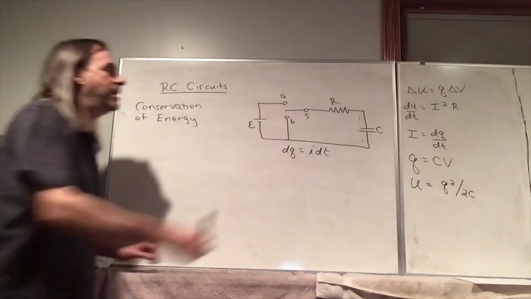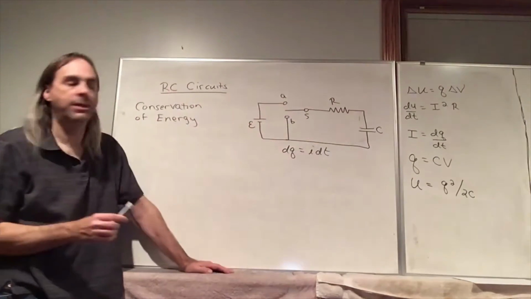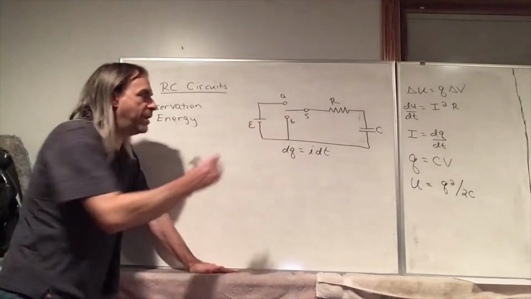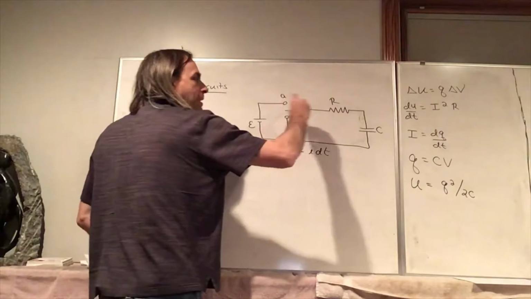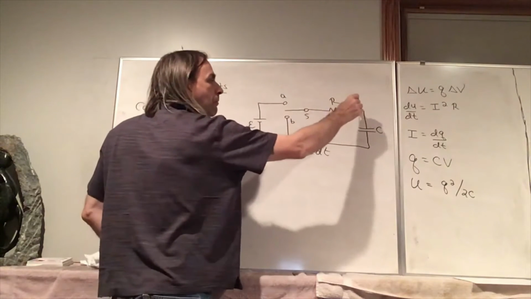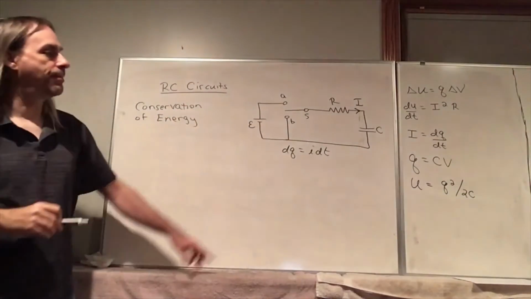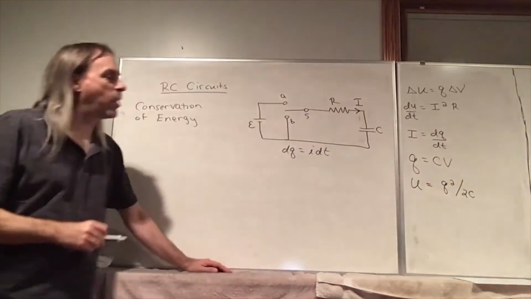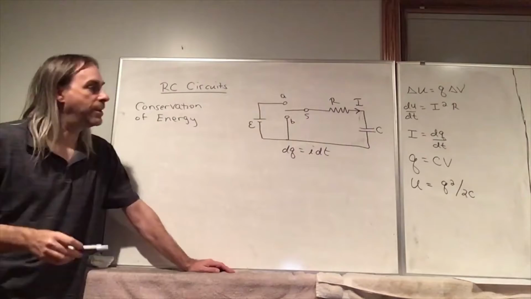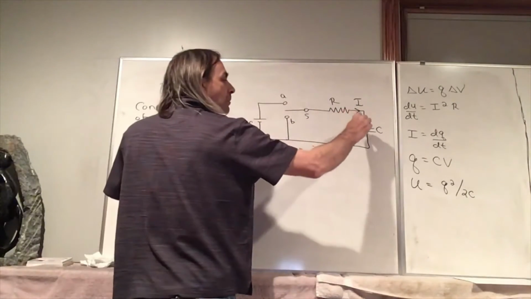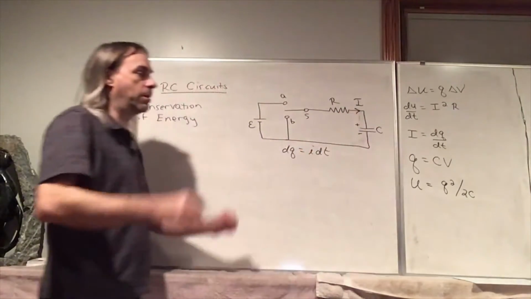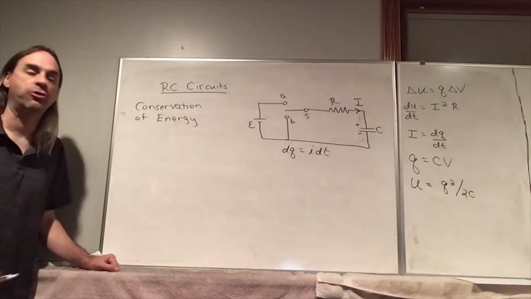Part of it is being converted to heat in the resistor. But this current is flowing in this circuit, bringing positive charge to this plate of the capacitor, and of course the other plate builds up a negative charge.